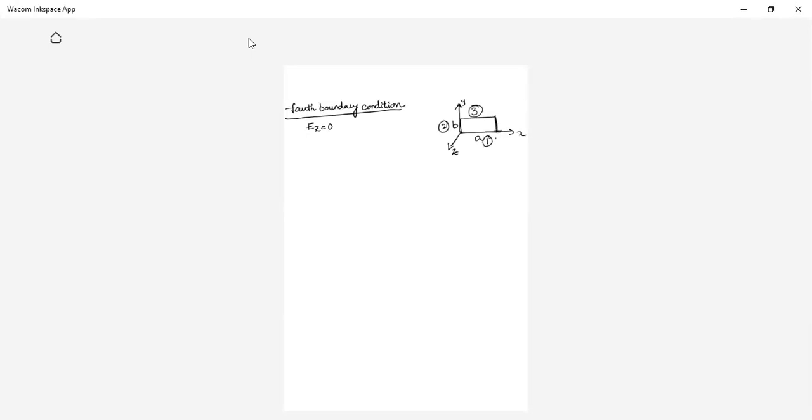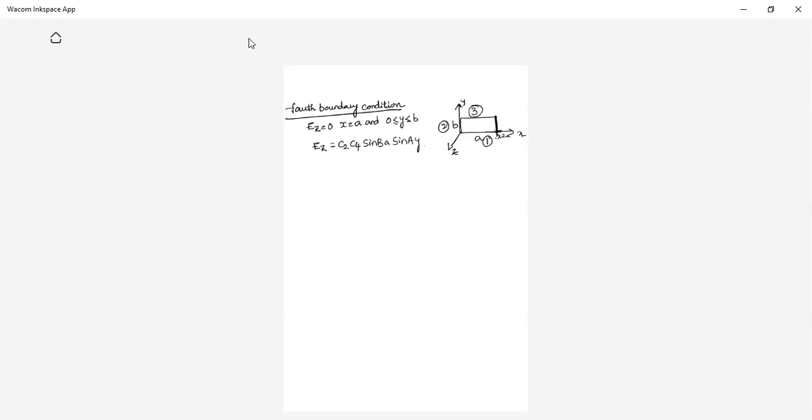We are left with this phase. Y value is varying from 0 to B. What is X at this position? X is equal to A. So X is equal to A and 0 less than Y less than B. This is the condition. So what is our Ez expression? Actually, we got C2, C4 sin BA sin AY.